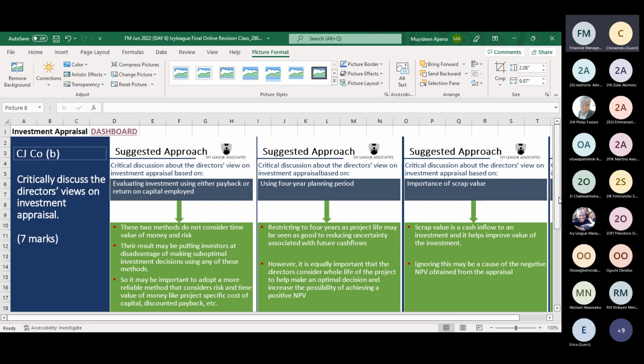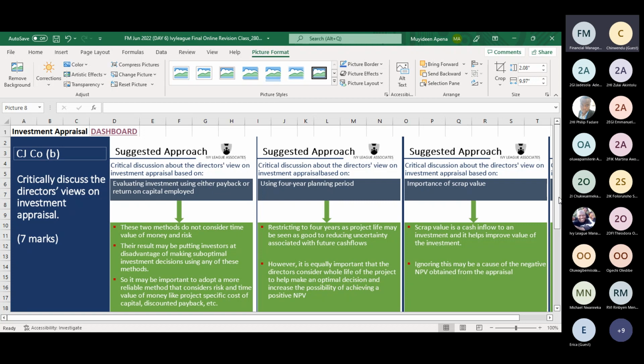We are saying the two methods do not consider time value of money and they do not also consider risk. So that is a drawback. The directors did not consider that, because if they had considered that, they wouldn't be saying all investment projects should be evaluated using those methods. So you draw the attention of the directors to this.